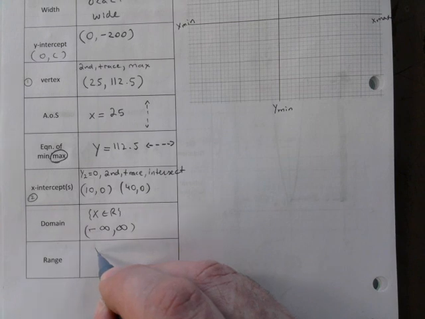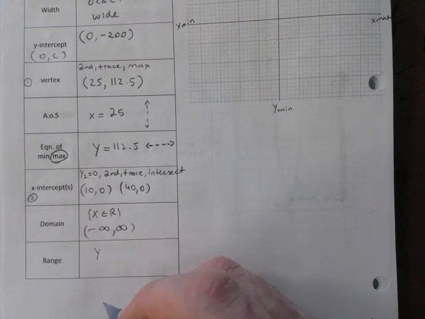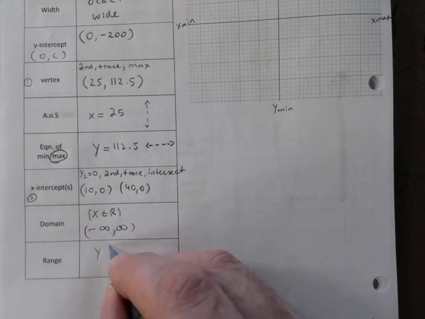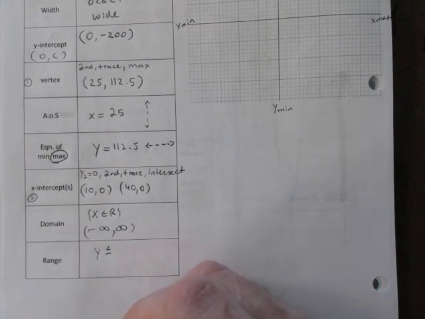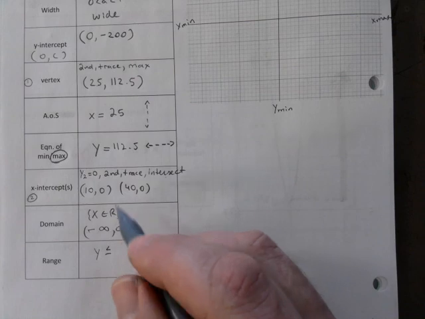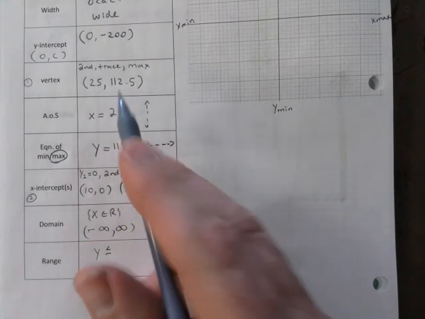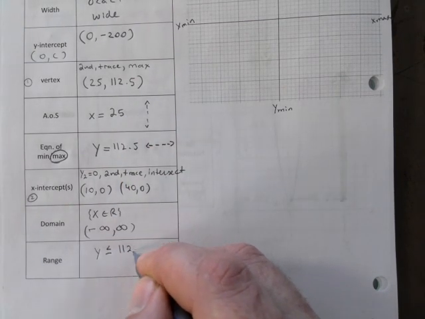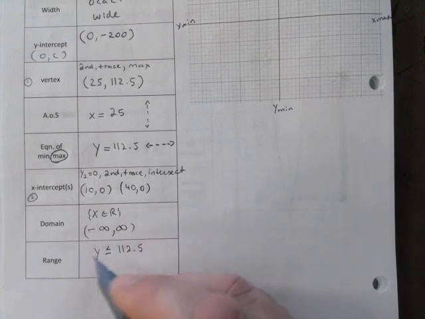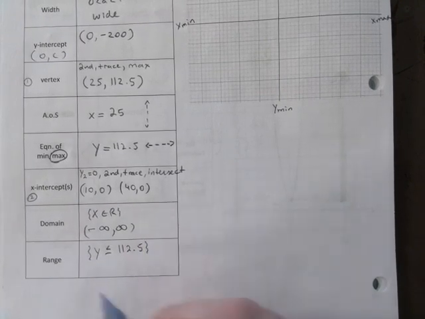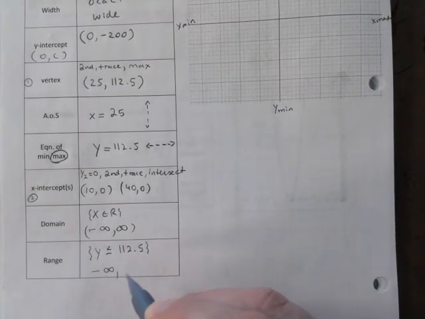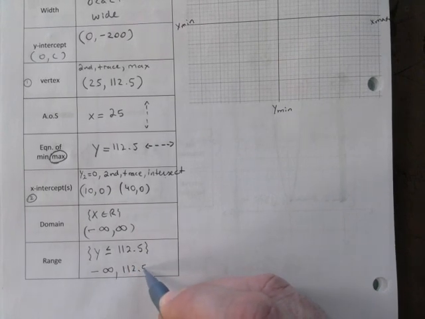Which way is it pointing? It's down, so it's less than or equal to the y value of the vertex, 112.5. This is going to be a lot easier once you graph this thing. Or you can go negative infinity all the way up to 112.5.